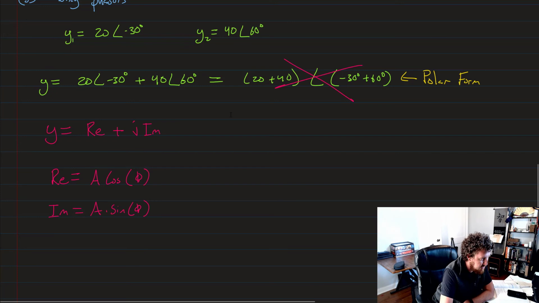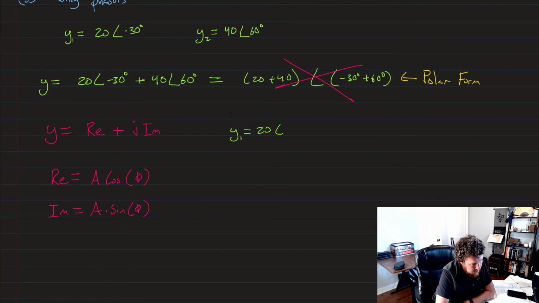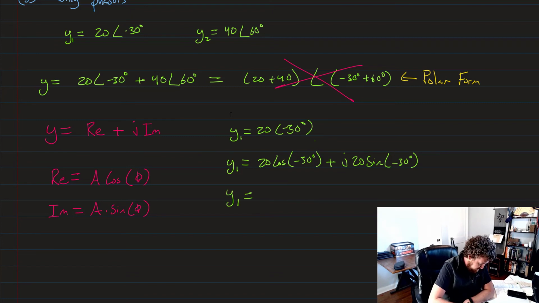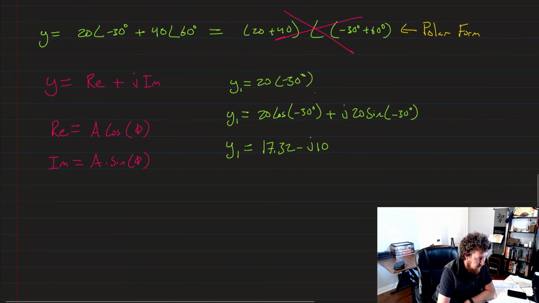So if we apply this to y1, where y1 is equal to 20 at an angle of minus 30 degrees, then y1 is going to be equal to 20 cosine of minus 30 degrees plus j 20 sine of minus 30 degrees, just like that. And if we punch those into our calculator, we'll get that y1 is 17.32 minus j10. And the same deal for y2.